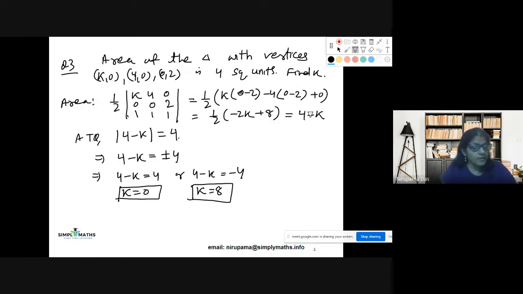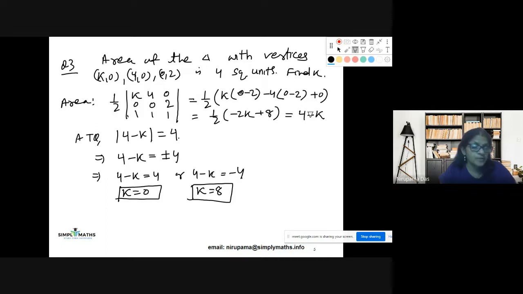So there are three types of questions. First, find the area of the triangle, that we have done. Second type we have covered: if we are given 2 points, find the equation of the line passing through the 2 given points using determinants.